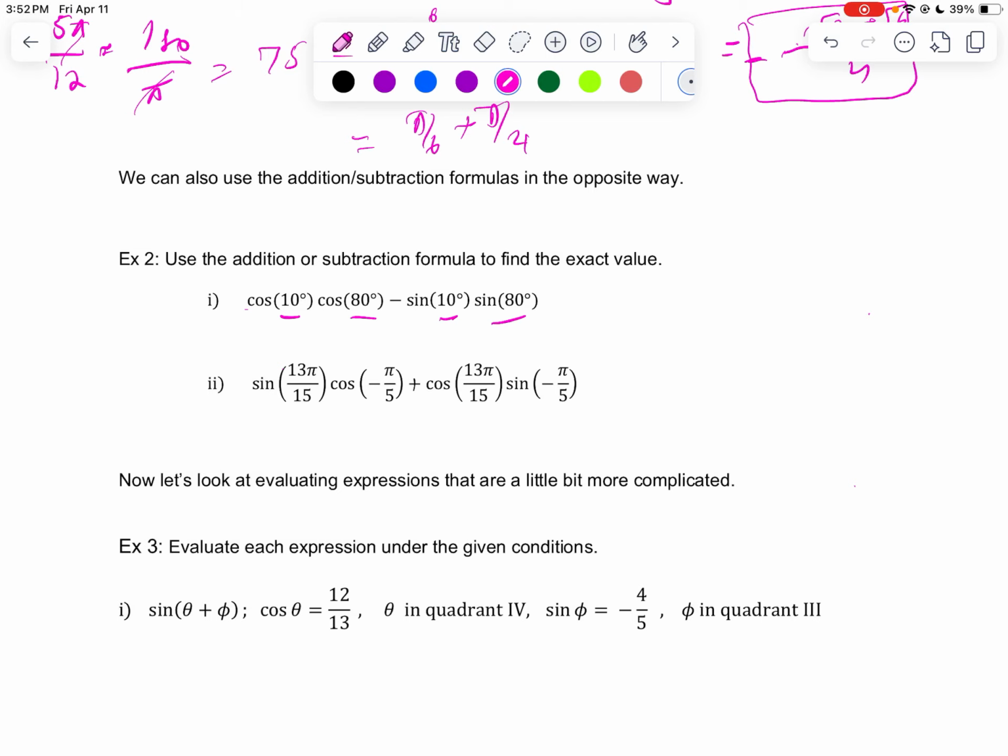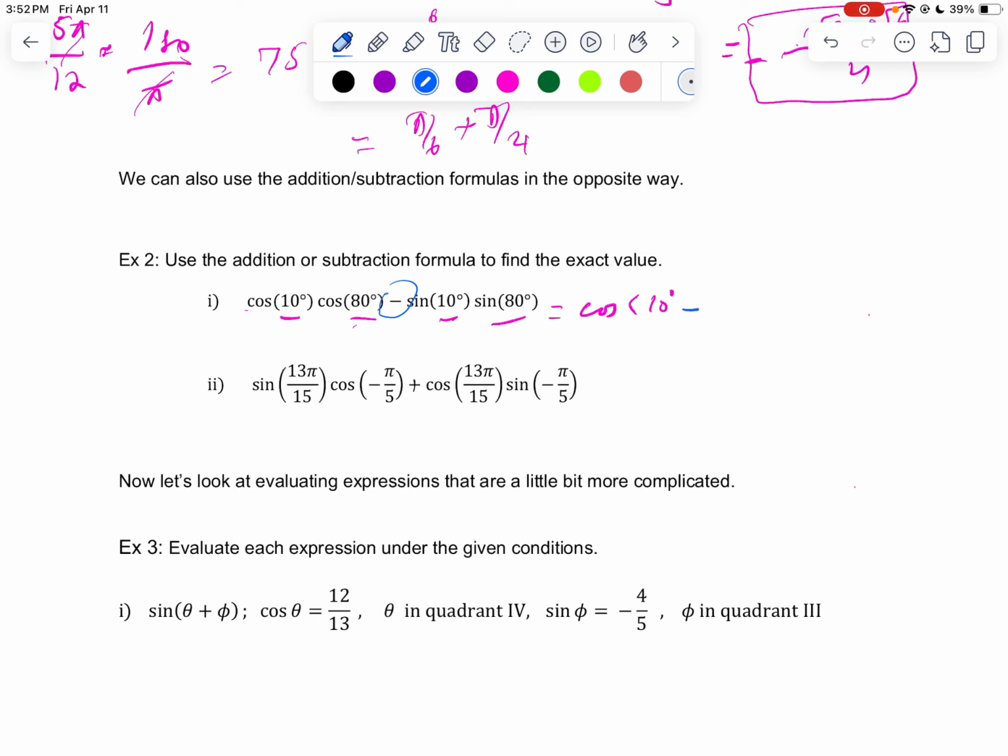Since the product consists of the same functions, this is a cosine. And cosine of the first angle, which in our case is 10 degrees. And then because of the negative sign in the middle of the two terms, this will give me a plus sign over here.